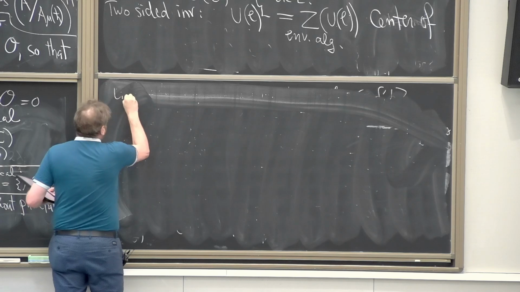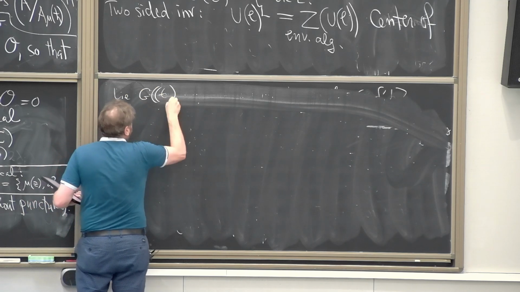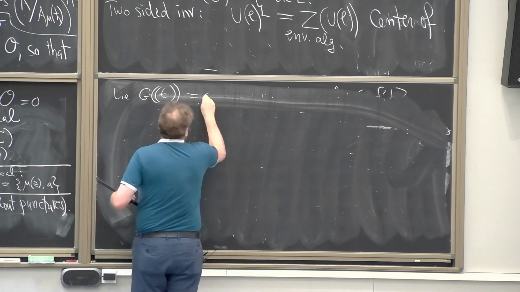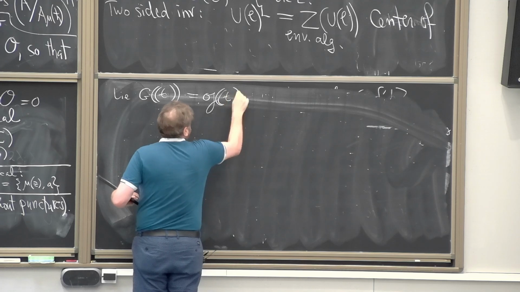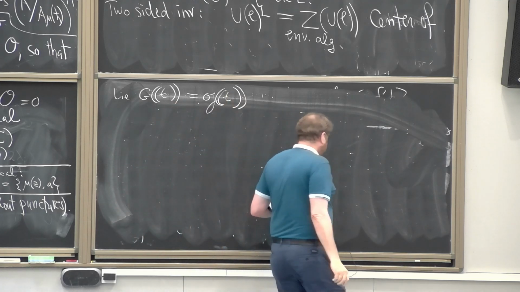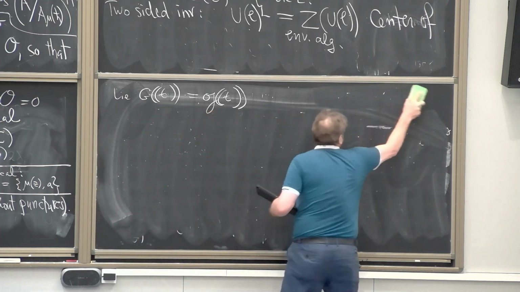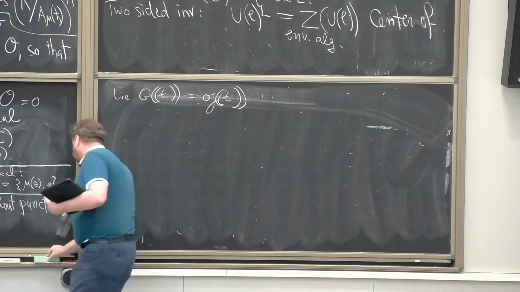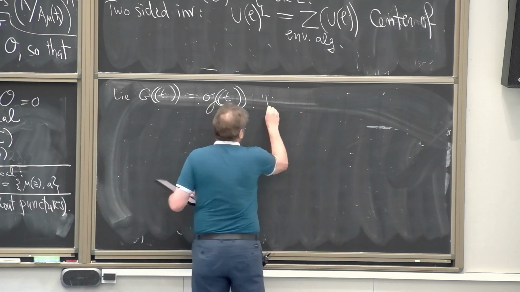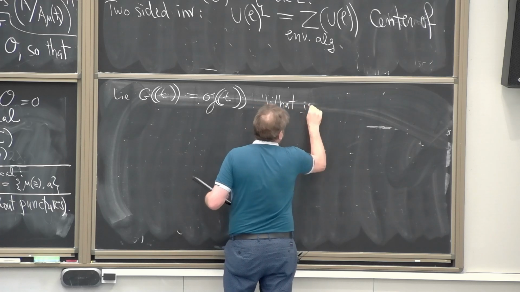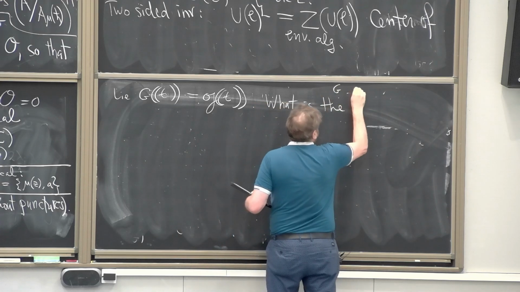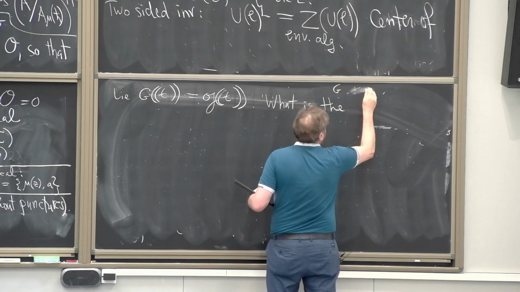So the Lie algebra of this group G of t is just the Laurent series with values in the Lie algebra of G. And so we need to take the enveloping algebra of this. So what is the center? G is in this case simple.